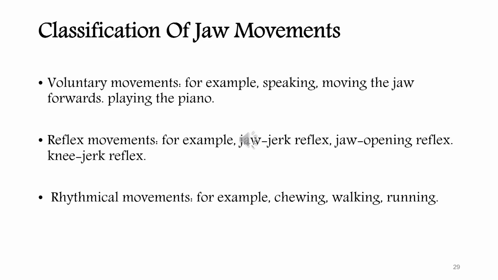You start walking, but you're not really thinking of every step you're doing. Your body is programmed to walk or to run. And if you want to stop it, you can stop it. So these are the main three movements that we should know: voluntary, reflex, and rhythmic. These are the movements that happen in our masticatory system.